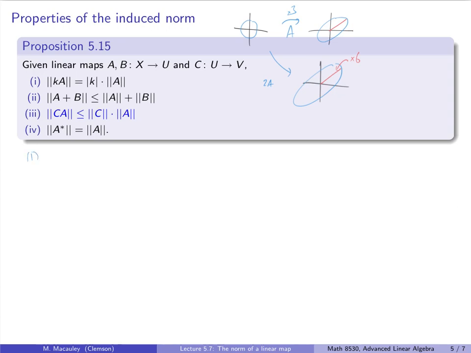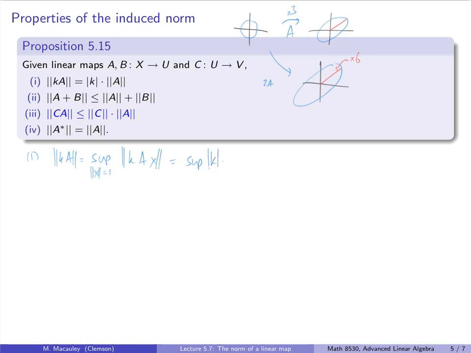Let's write this down. We just use the definition. The norm of kA is the supremum, or the maximum, over all unit vectors of the norm of k times A times x. I'm not going to write the condition below the supremum everywhere, I think it's clear that I'm retaining it.